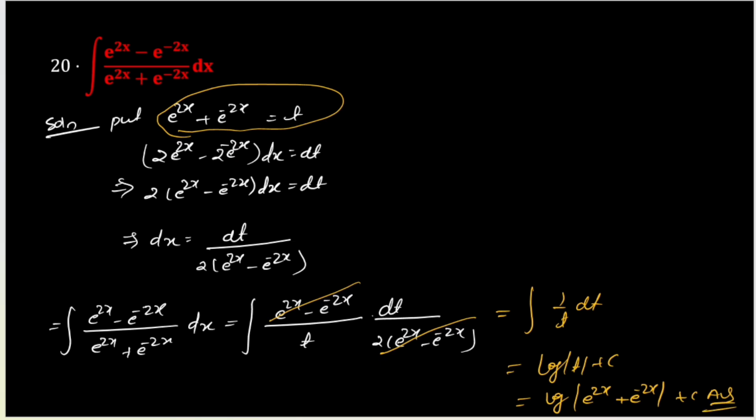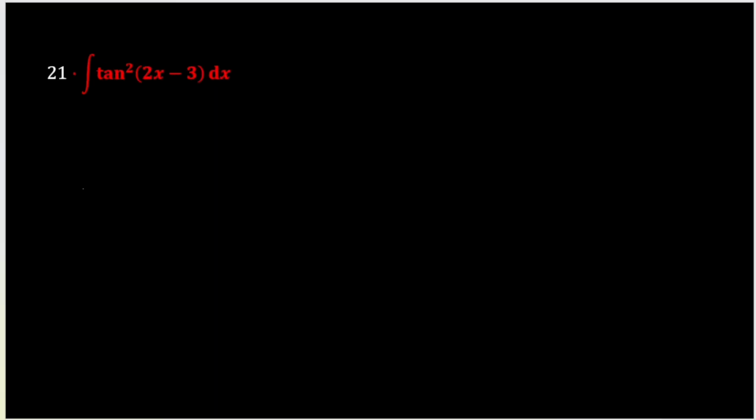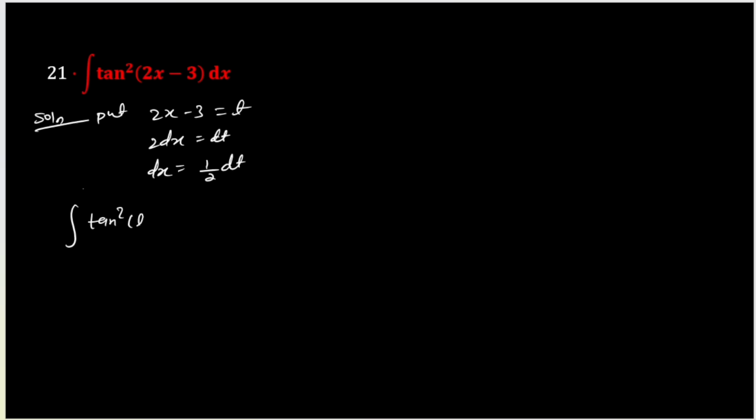Okay, so next problem. Here we put 2x - 3 = t, and differentiate with respect to x. We get 2 dx = dt, so dx = (1/2) dt. Therefore the required integral is the integral of tan^2 t times dt/2.